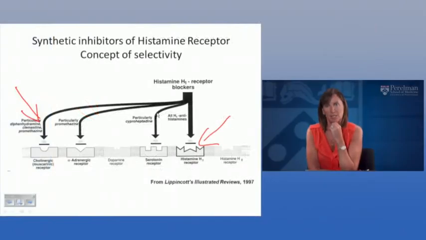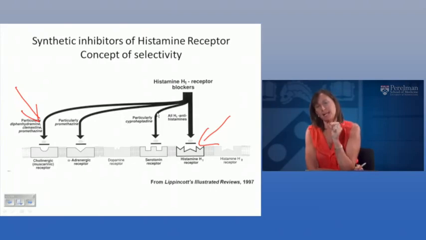We can synthesize molecules such that they will have their primary activity on one receptor subtype. But it doesn't necessarily need to be that simple, because we also have medications that we know are not that selective, and they activate different receptors at different doses.